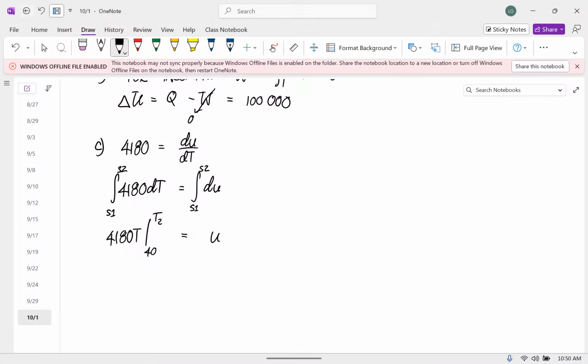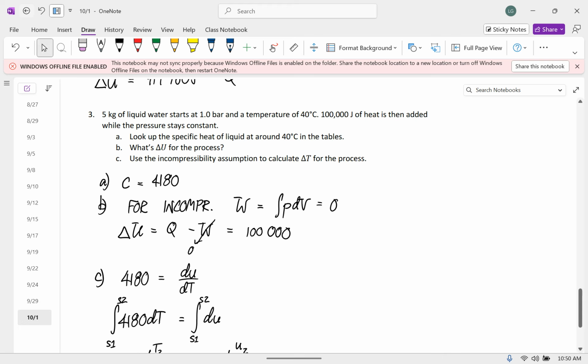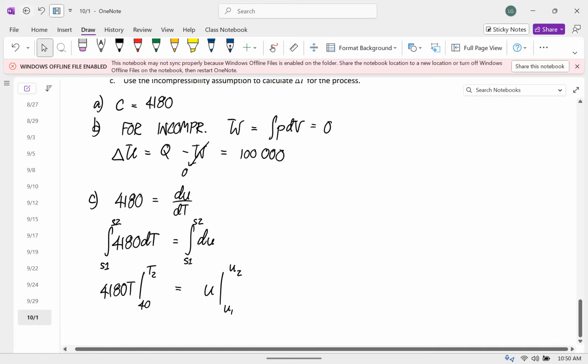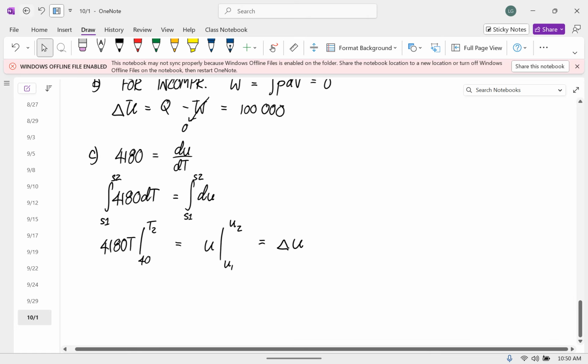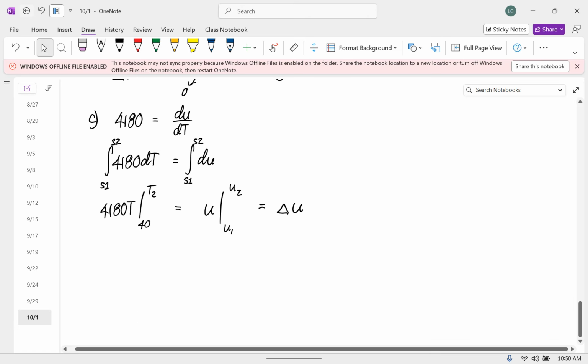This one is, now you have to be a little careful. This is going from U1 to U2, which is delta little u. But we don't know delta little u yet.